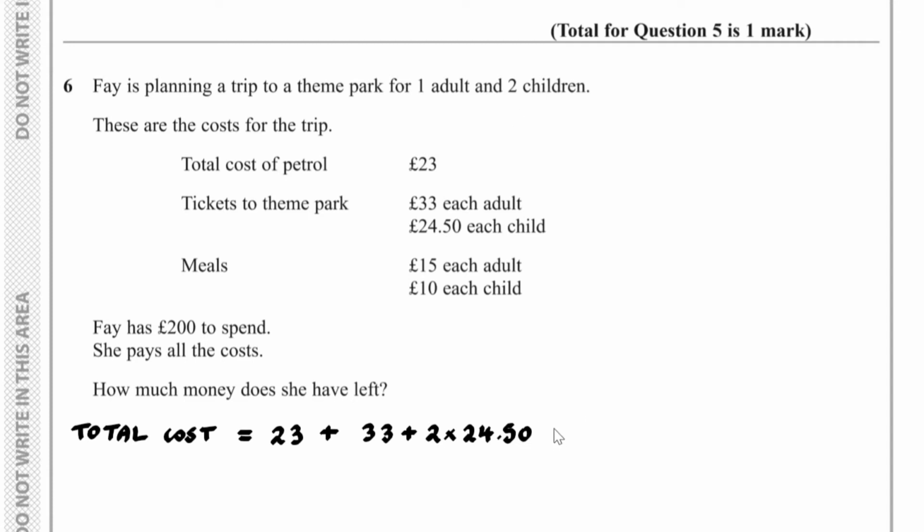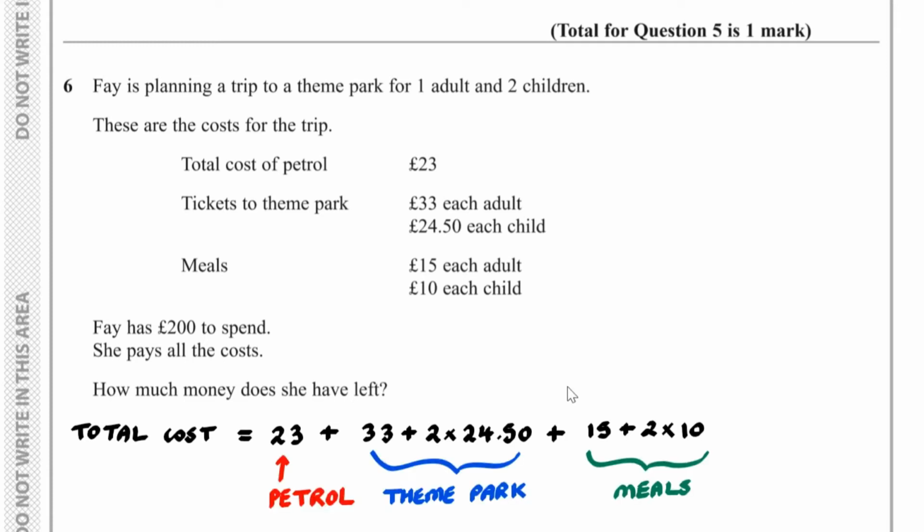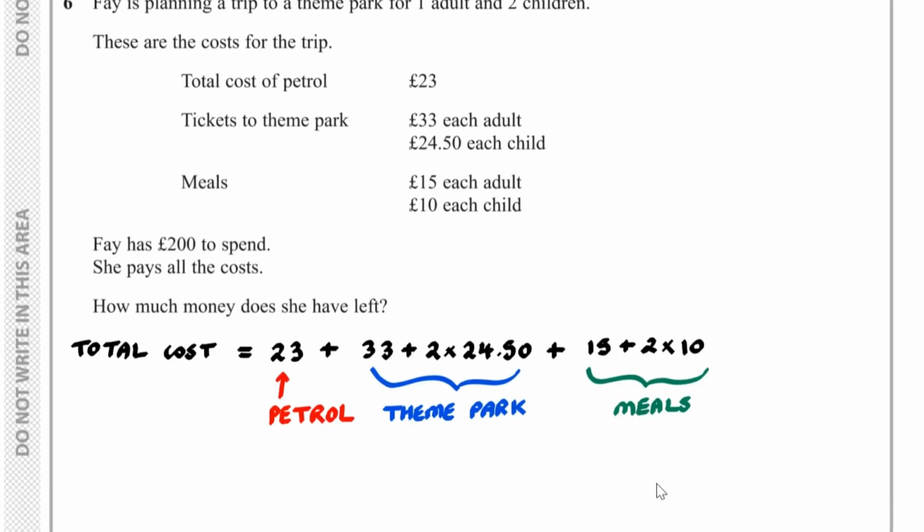For the meals, we've got 1 adult, so that's £15, plus 2 times 10, we've got 2 children. So we've got the petrol cost, the theme park cost, and the meals cost.